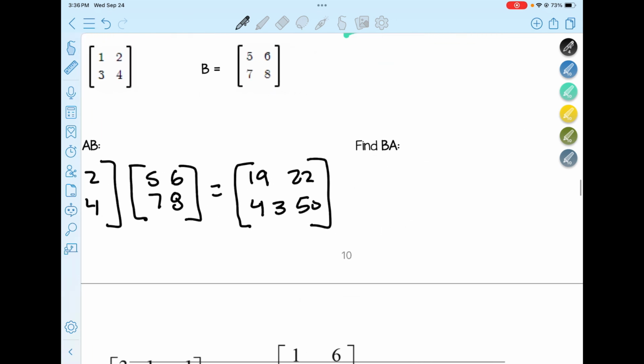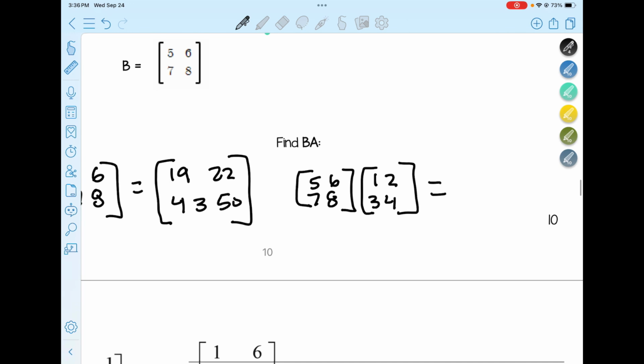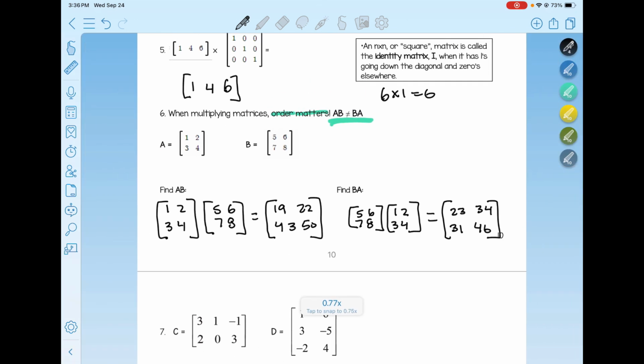Whereas when I go B times A, this time I have 5, 6, 7, 8 and 1, 2, 3, 4. When I multiply these together, I then get 23, 34, 31, 46. So I can see that multiplying them in different orders gave me different answers, so they don't always work.